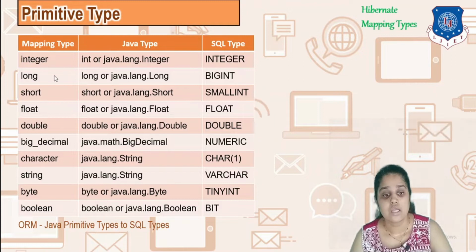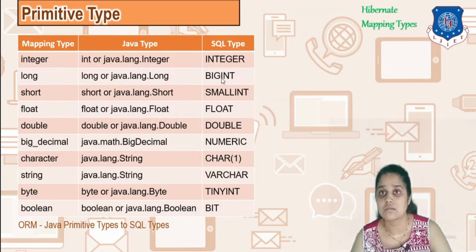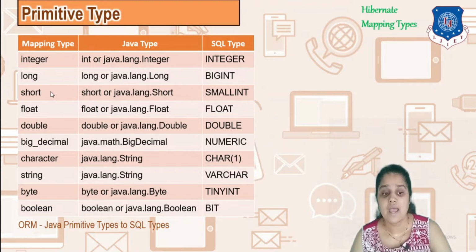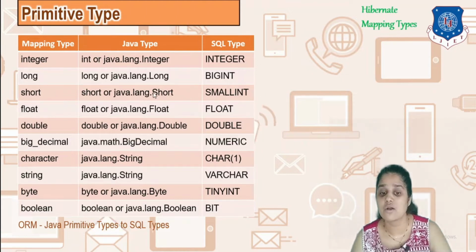If long, my class will have long and my database will have bigint. If I have short, Java will have short or java.lang.Short, and here I have smallint. Similarly for float, I have float on both sides. If I have double, I have double on both sides.